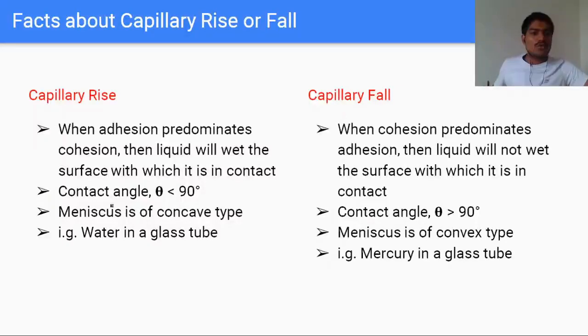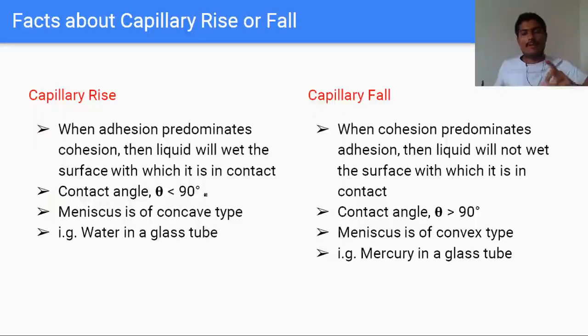Okay. So the next point of difference is whenever theta, that is the contact angle or the wetting angle, is less than 90 degrees, then the liquid is going to wet the surface. Are you getting my point?